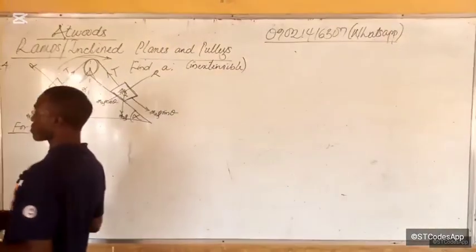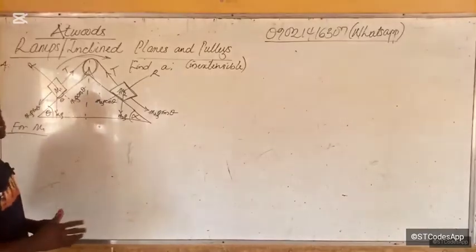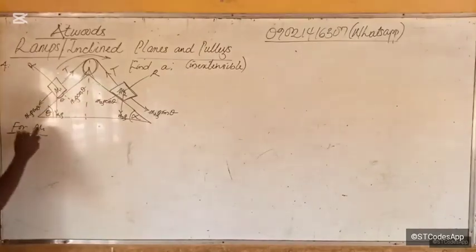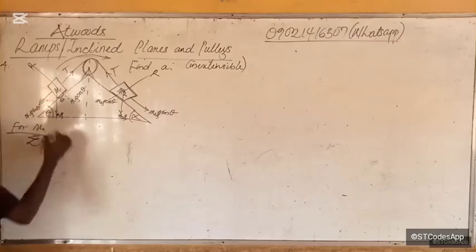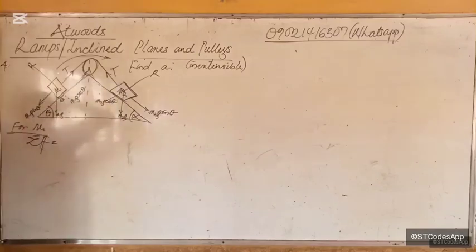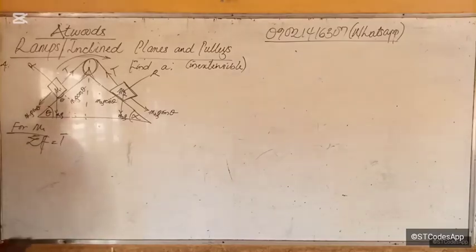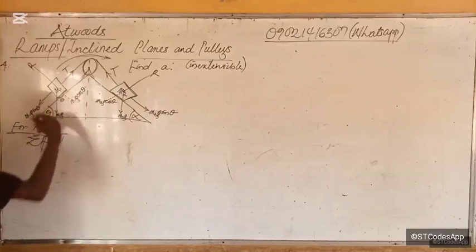I'm going to link the video to elasticity, right? You know what an extensible string is. So F equals ma for M1 rather. So we say the sum of forces on M1. Yes, summation of forces on M1. We have that this guy is acting there and direction of motion is there. So tension is positive, then m1g sine theta is negative.